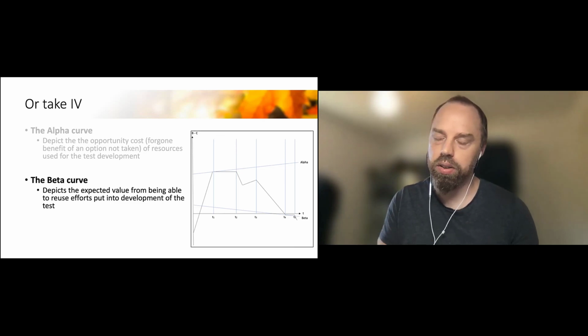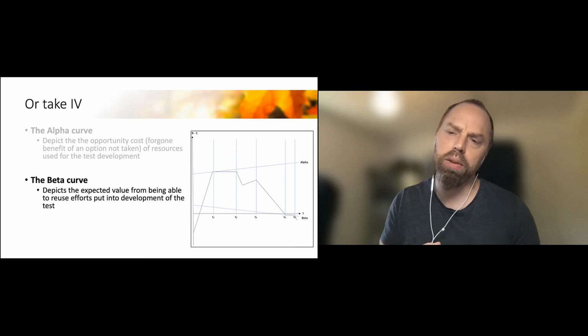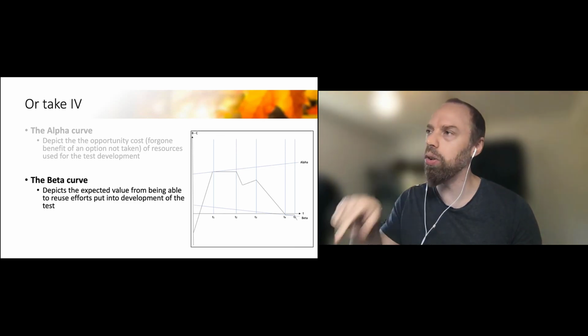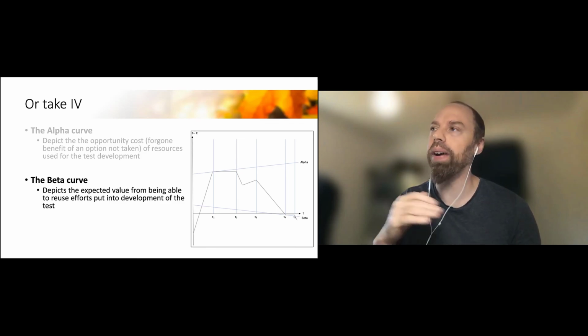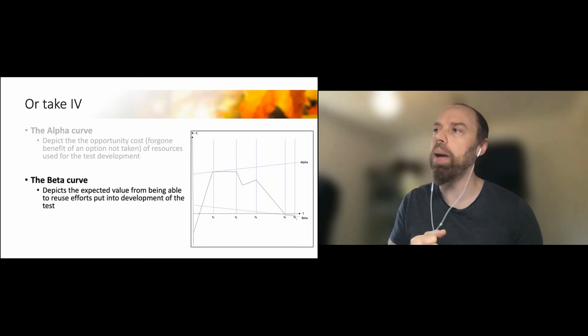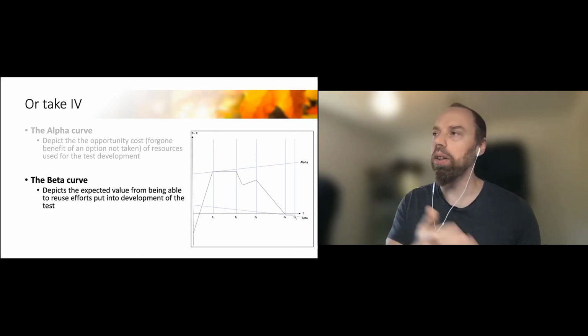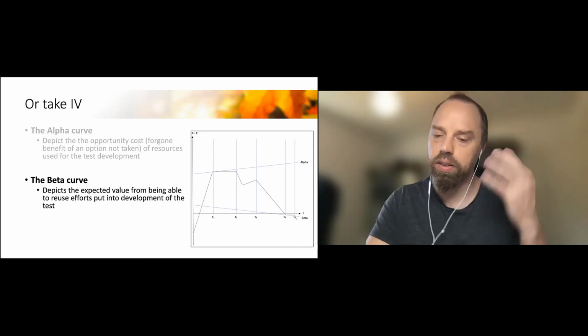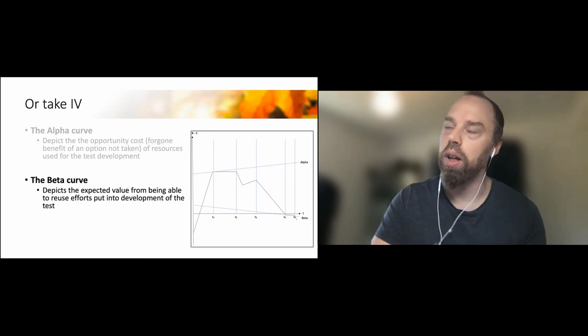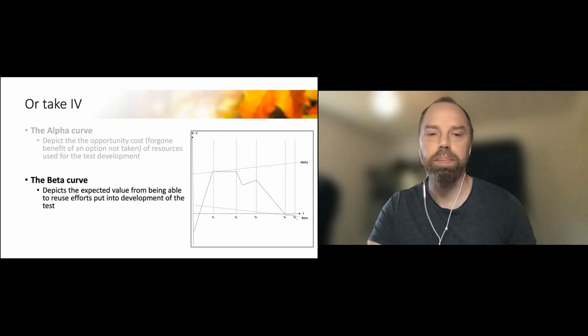And if you note here at point T5, that is when the curve that we plotted finally crosses the beta curve value, and that is when we know that we no longer get any value from the test case, and therefore it should be removed and maybe replaced with something else.